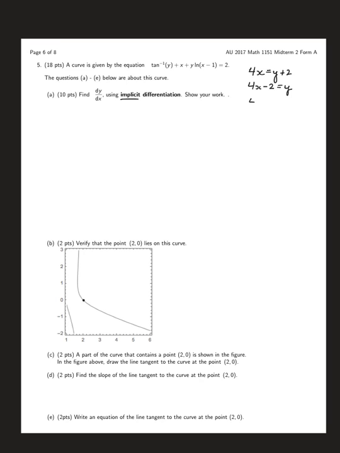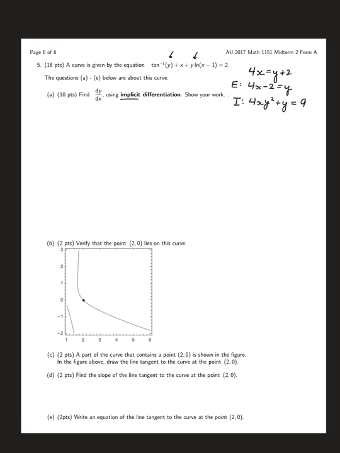However, if we have 4x y squared plus y equals 9, now getting y isolated explicitly would be quite the feat. So we would do this derivative implicitly. This one here would be explicit, whereas this one would be implicit. Notice that we have this y and this y, so we're going to do the derivative implicitly.